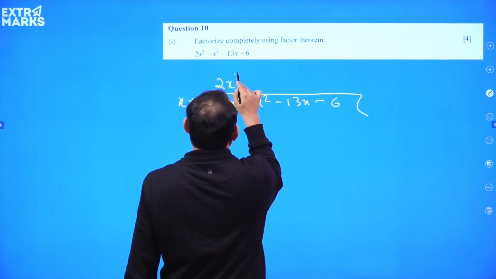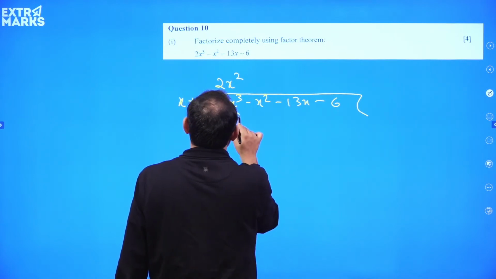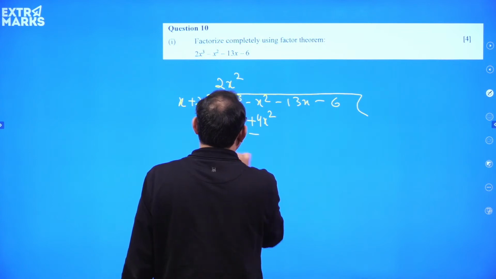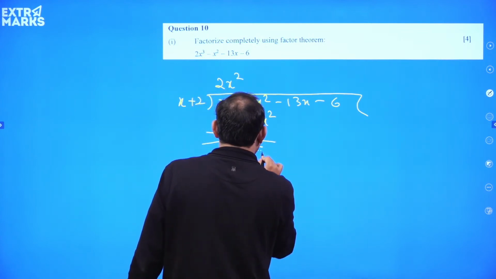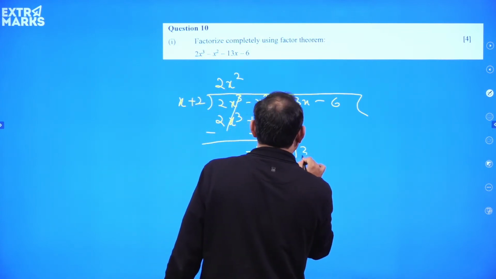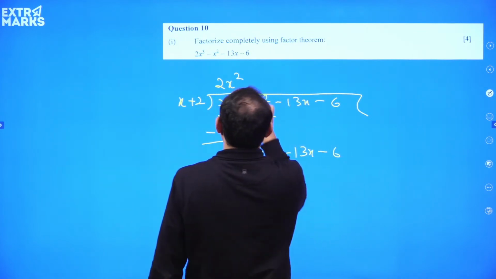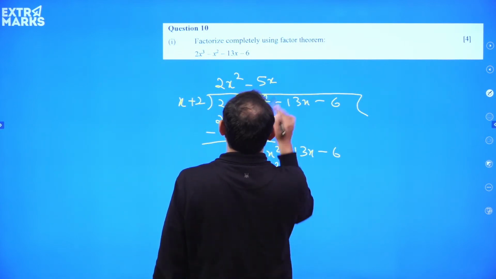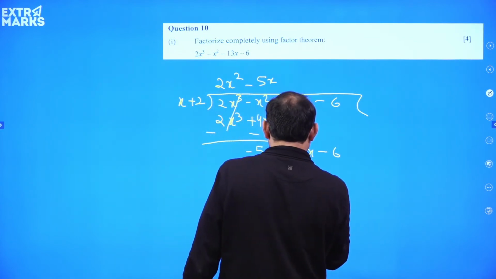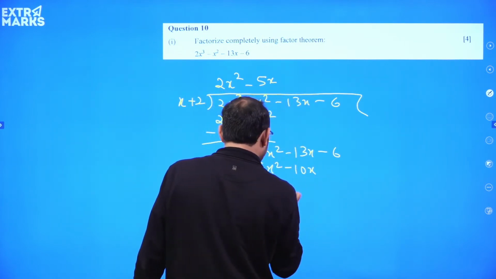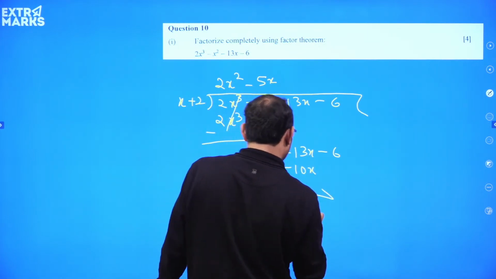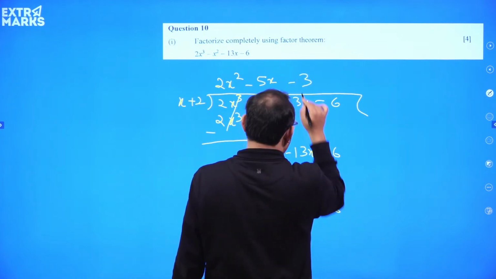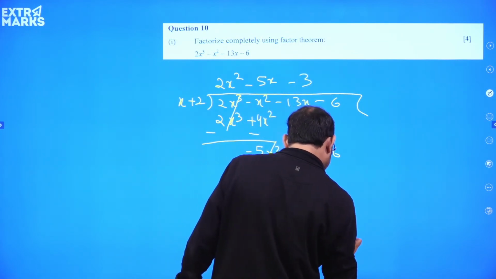So 2x square, so 2x cube plus 4x square, minus, cancel, minus 5x square minus 13x minus 6. So minus 5x, so minus 5x square minus 10x, plus gone, minus 3x minus 6. So minus 3 will come, minus 3x minus 6.